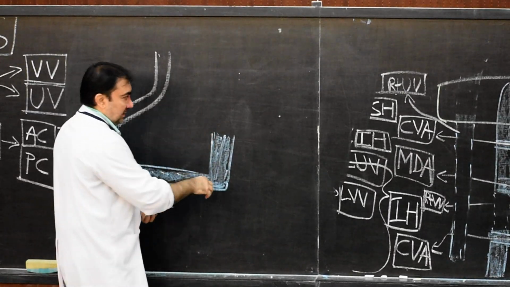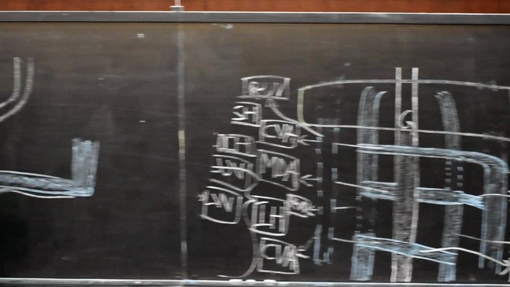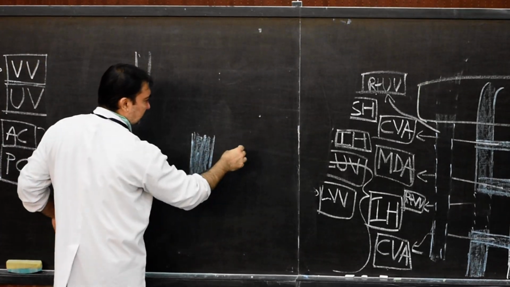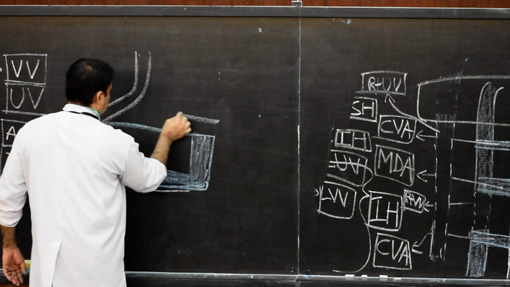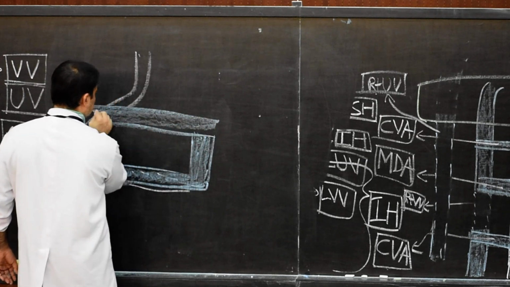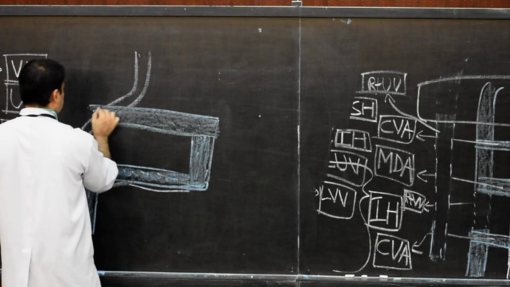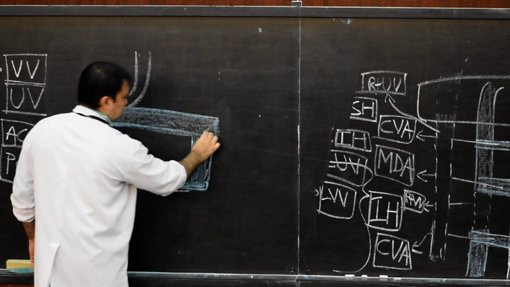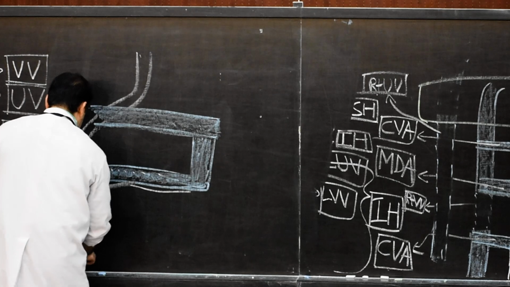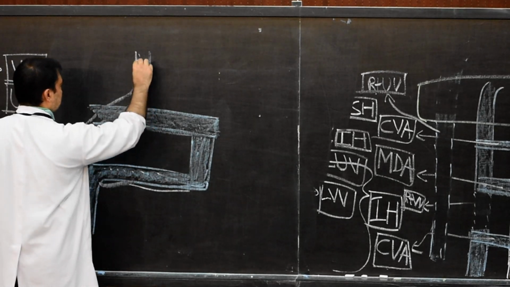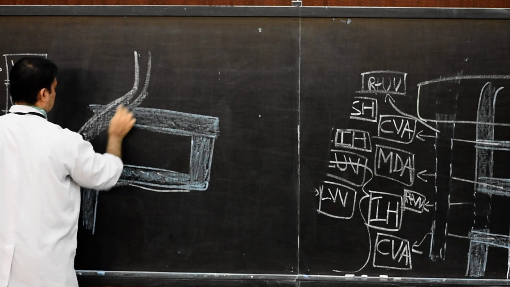Now, the middle anastomosis. I show it like this. This middle anastomosis, which was lying dorsal, is lying where? Just dorsal to the duodenum. So here the gut tube will be crossing from the front.